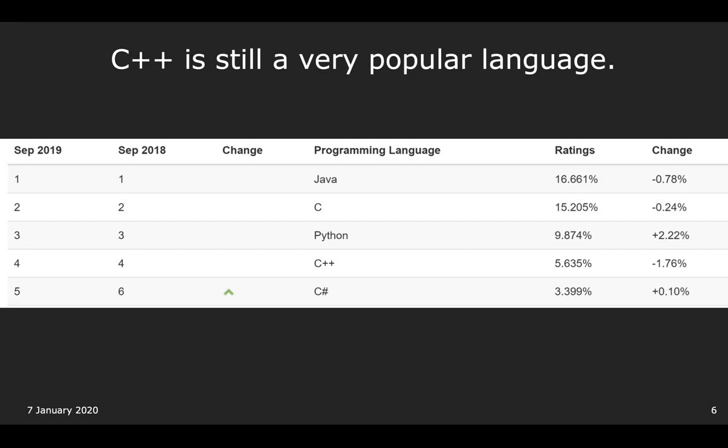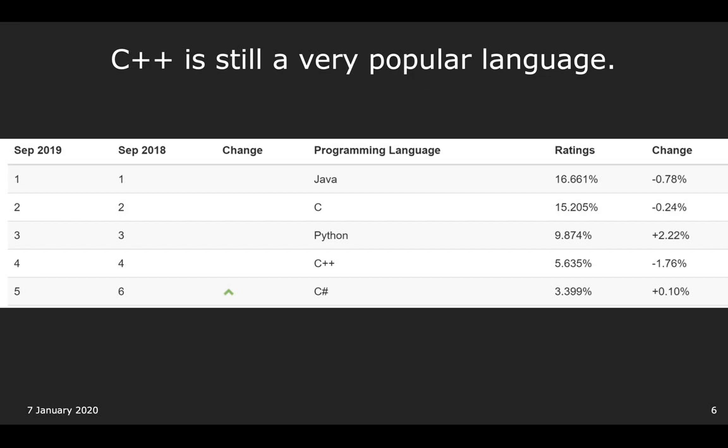Contrary to what a lot of people might tell you, that C++ is a dying language and Python is the new language of the world, that's simply not completely true. C++ is still a very, very popular language. Especially in recent years, it has undergone major changes to make it much easier to use.